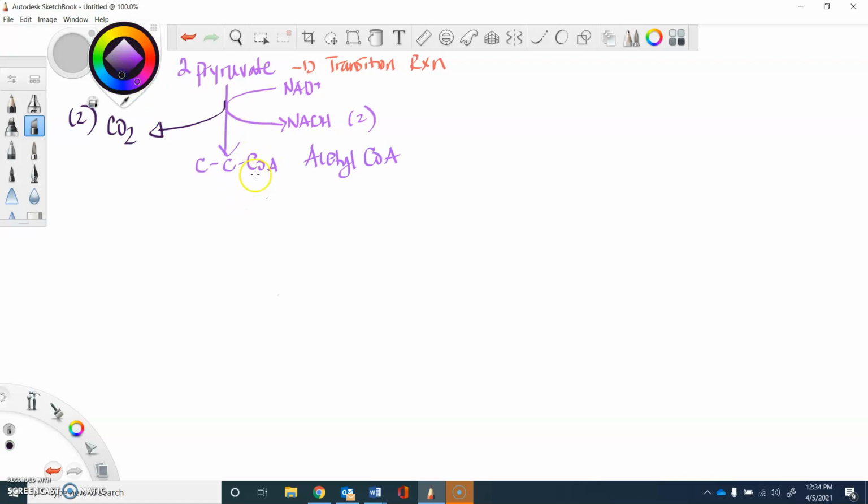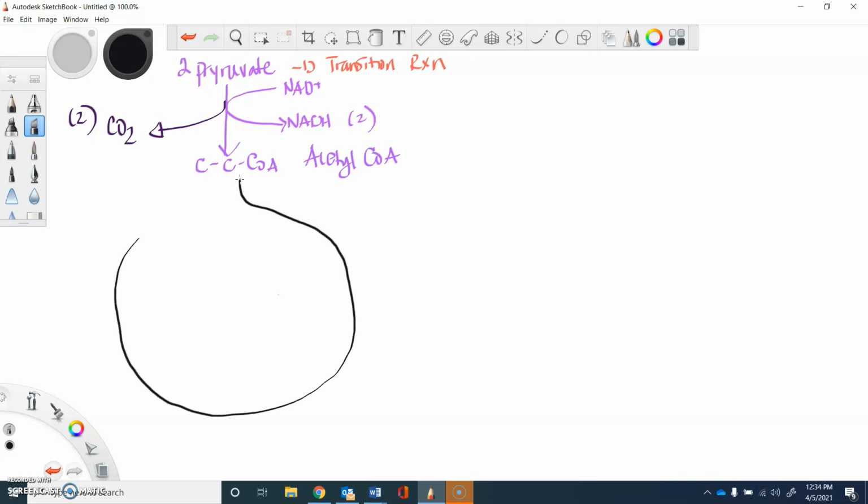Acetyl-CoA will enter the Krebs cycle, and the Krebs cycle is a cycle of chemical reactions. And I'm not going to ask you to know all the chemical reactions that occur around this Krebs cycle, but I do want you to know when the acetyl-CoA comes into the Krebs cycle.